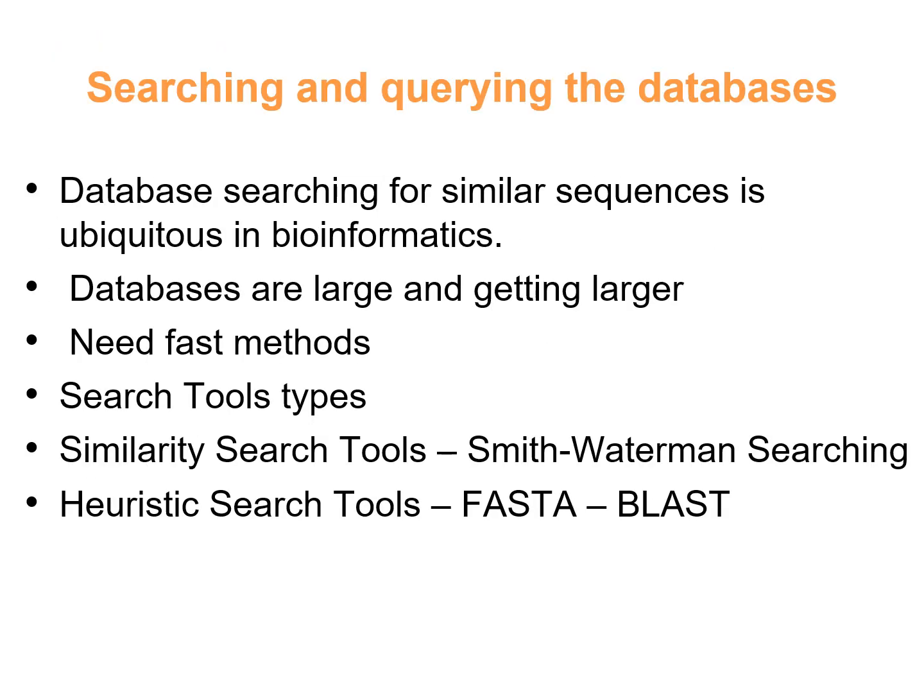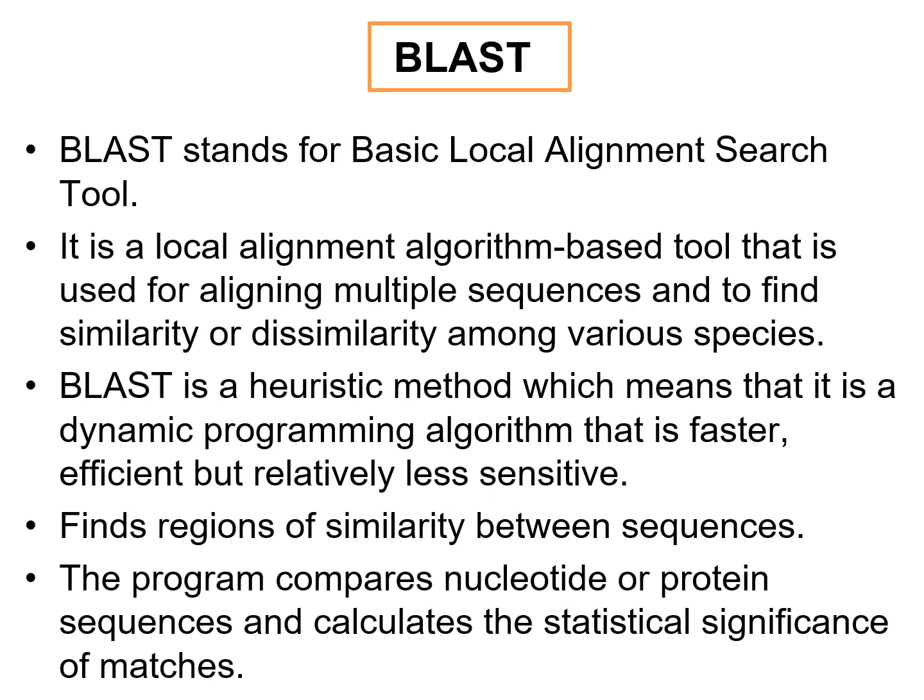Searching and querying these databases for similar sequences is a fundamental task in bioinformatics. Given the size of these databases, fast search methods are essential. There are different search tool types, including similarity search tools like Smith-Waterman and heuristic search tools like FASTA and BLAST. BLAST stands for Basic Local Alignment Search Tool.